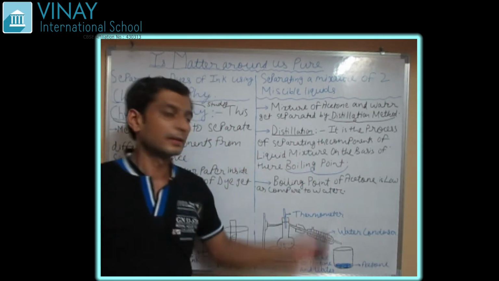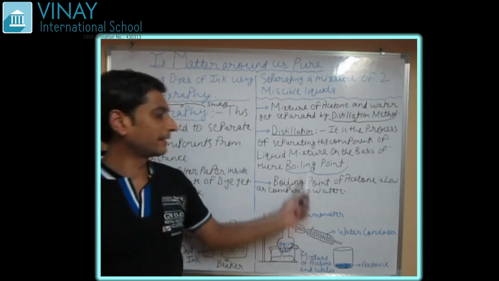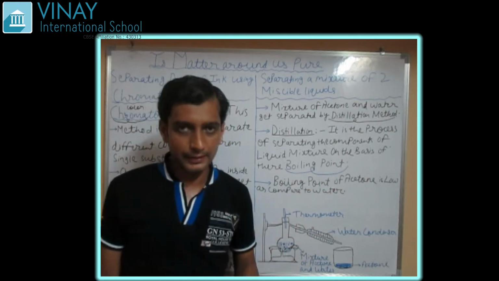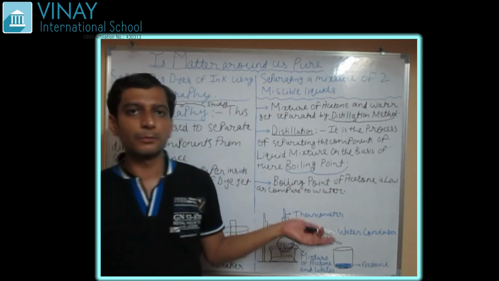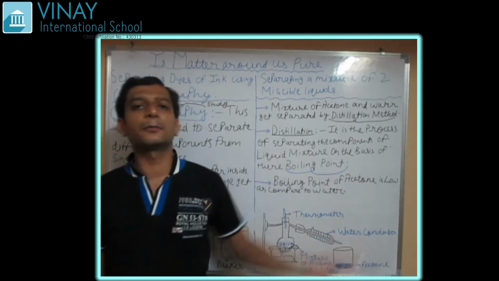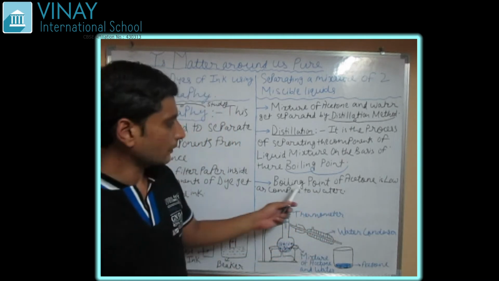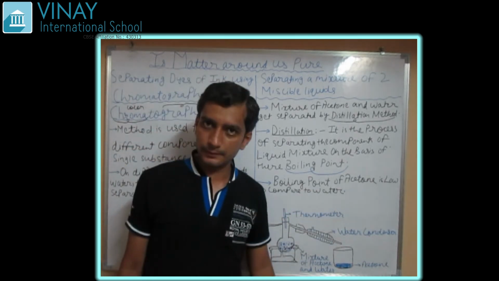Whichever compound has less boiling point will start boiling first, and the compound which has more boiling point will start boiling later on. So let's see. Boiling point of acetone is low as compared to water.